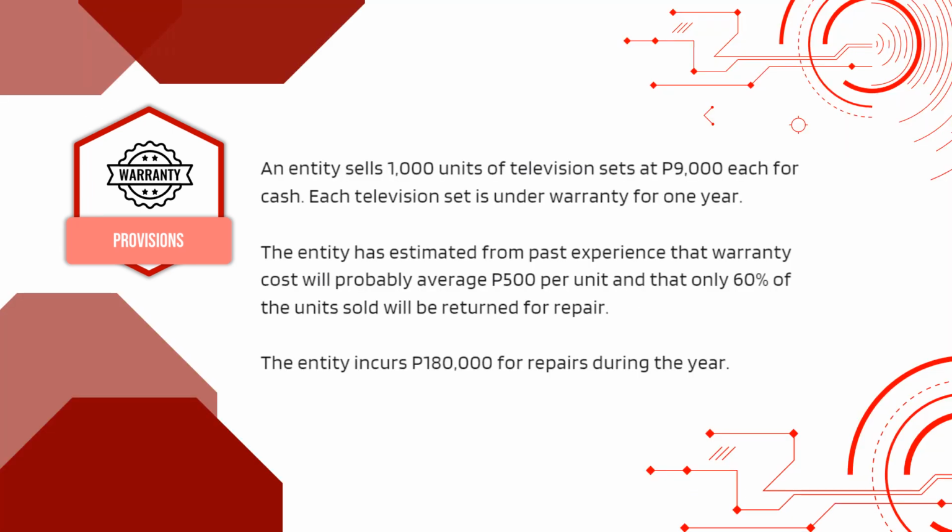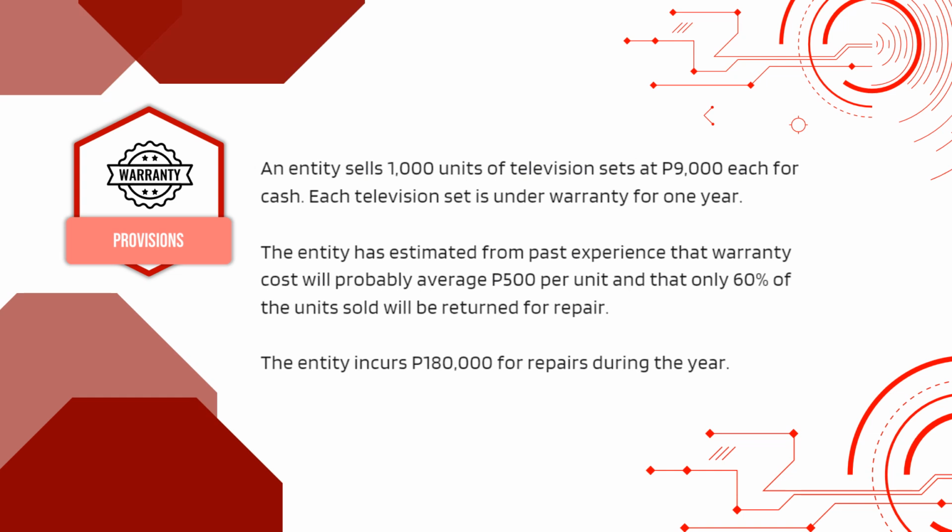So, the general idea here is that for warranties, merong three major parts, right? So first is yung base sale. The first paragraph talks about the base sale na nagbenta ka ng 1,000 television sets, right? Doesn't matter how much, the idea is nagbenta ka. And the second paragraph talks about your initial estimate.